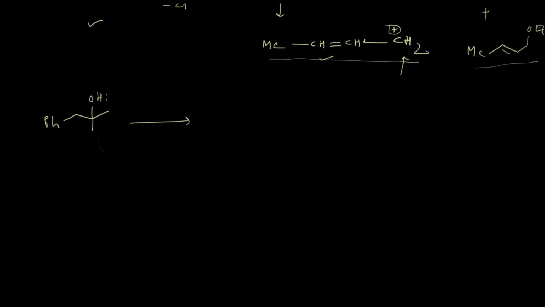If this substrate is treated with a superacid, what the superacid will do is protonate this hydroxyl group, and thereby a water molecule will be released as a leaving group, and this carbocation will be formed.